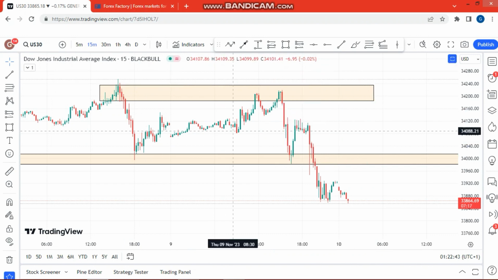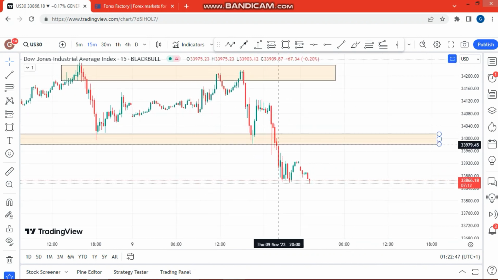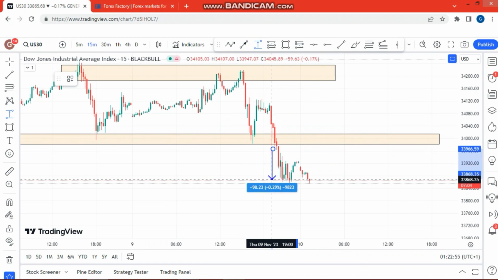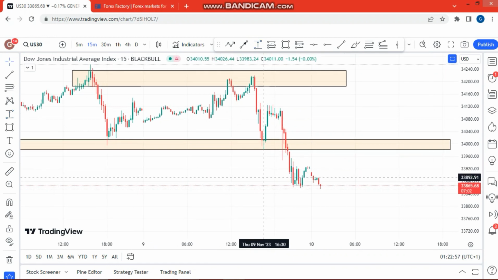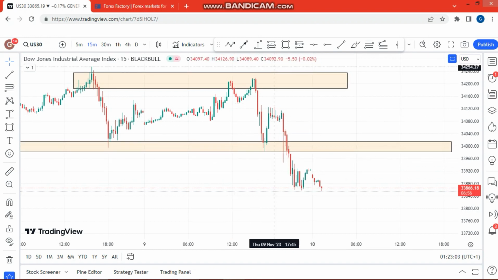If you didn't, you must have probably waited for the break of this area to follow suit. This is, yes, definitely US 30. You must have caught about 98 points right there, and that's good enough for you.